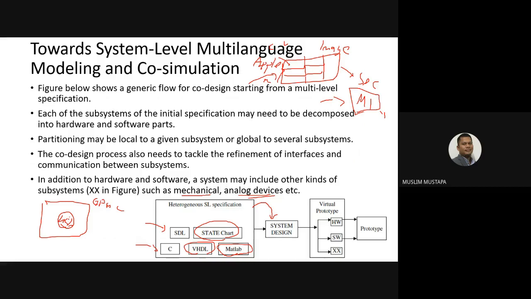So these MEMS, you can embed in the SoC. That's why they have the mechanical analog device. For example, the gyro and the accelerometer, you can embed in the processor, or you can embed a temperature sensor just to check the temperature of your SoC. So there are a lot of things. Hardware and software are the main parts, but you can also have these subsystems, and then you come out with the prototype.